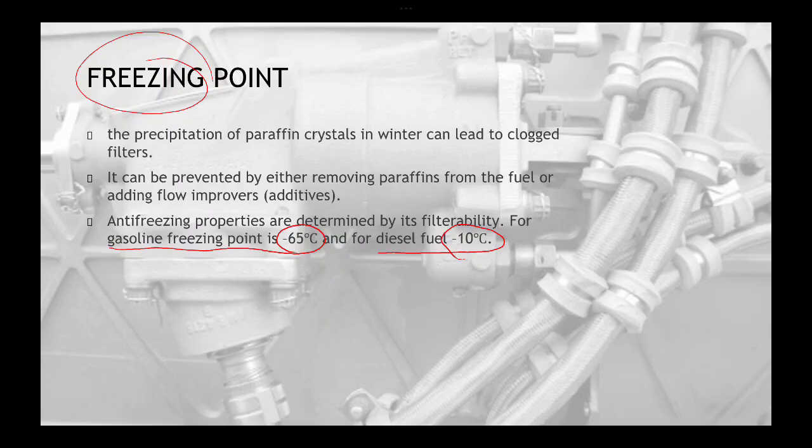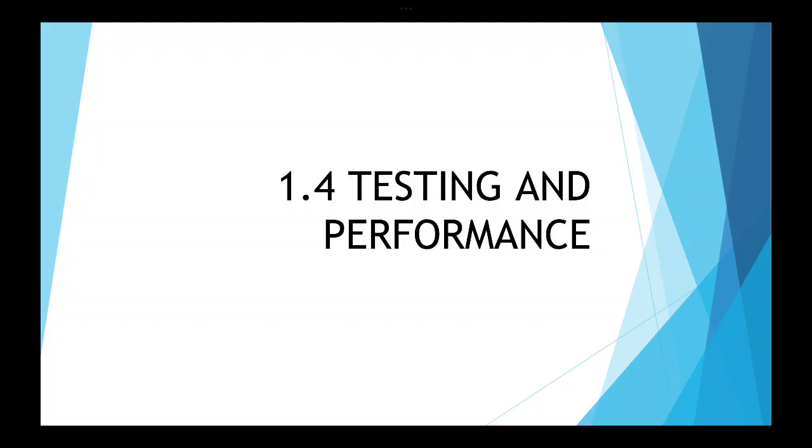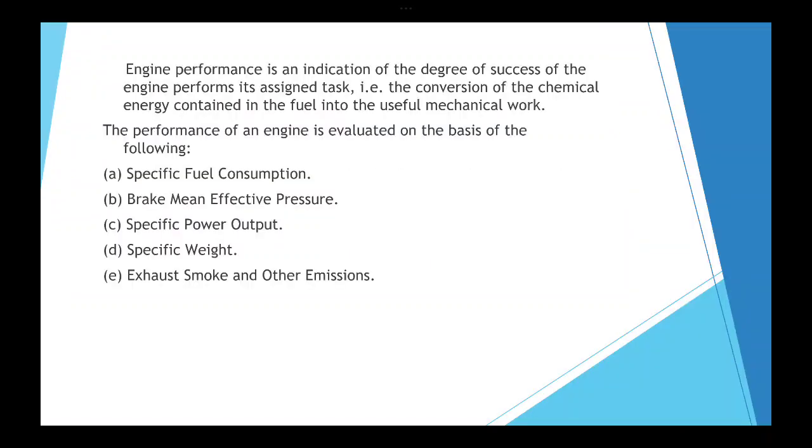Okay, let's now move on with the testing and performance. For testing and performance, let me start with the engine performance. Engine performance is the degree of success with which the engine performs its assigned task. If you are asked to evaluate the engine performance, you are asked to evaluate the following. Firstly, the specific fuel consumption.